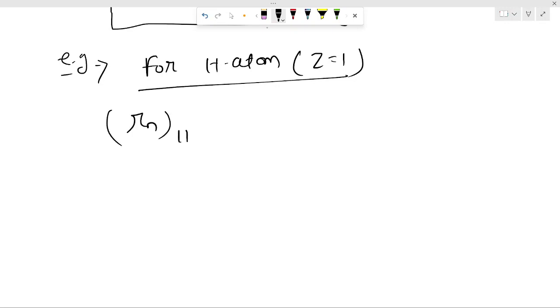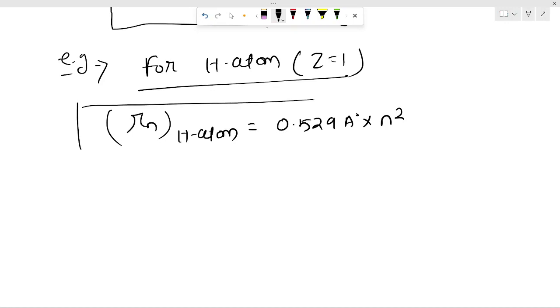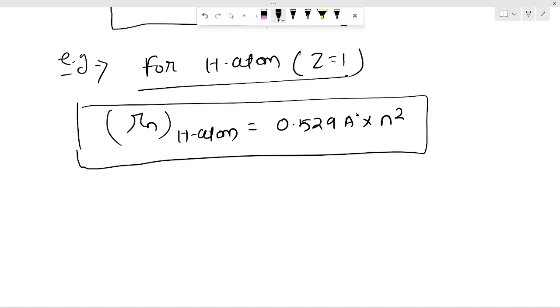Rn for the hydrogen atom is 0.529 Armstrong into n square by z, and z is here 1, so only n square. Give it a bracket, where n is the orbit number.